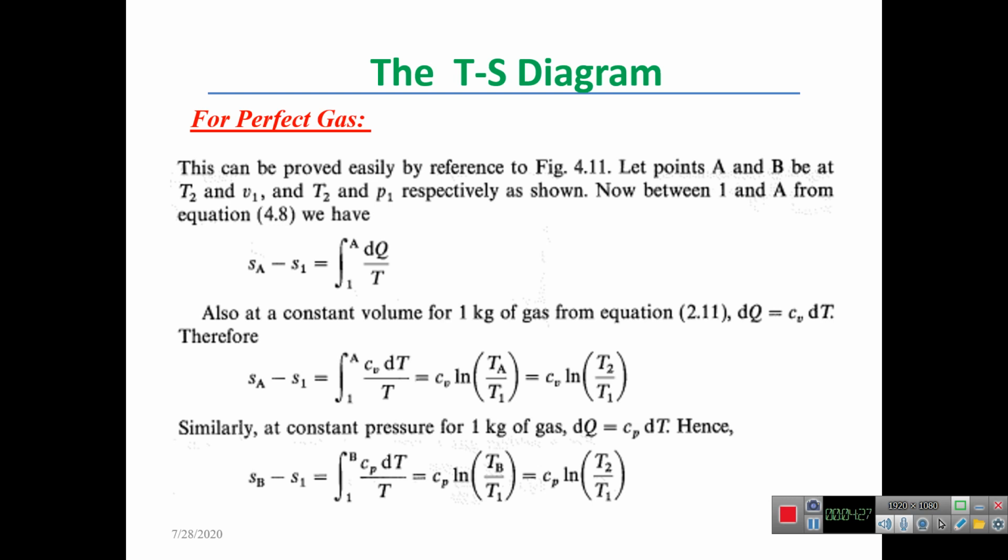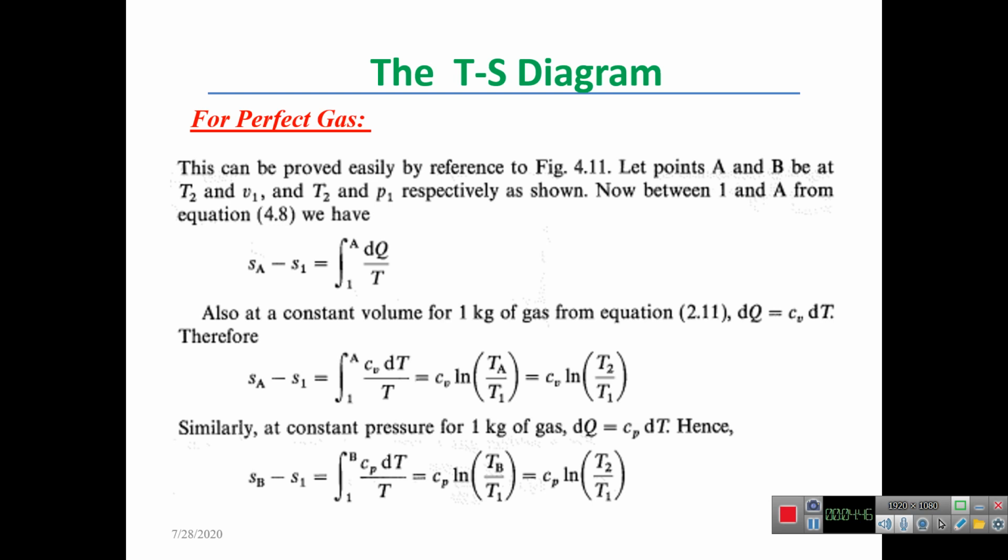So if we have a constant volume process, then the change in heat dq is simply given by CV multiplied by dT.